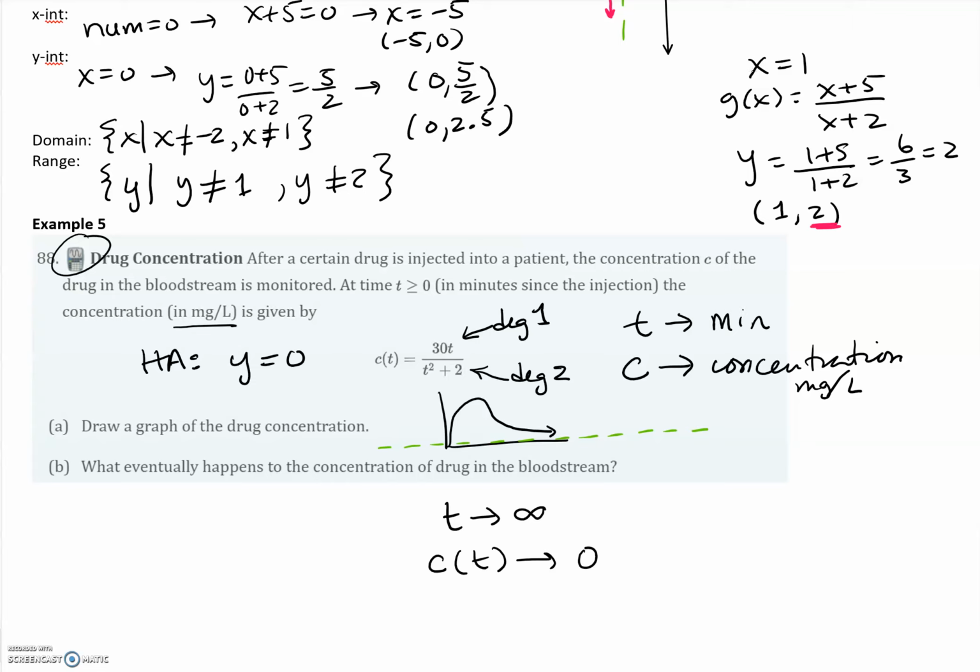So eventually, as time goes by, the concentration in the body goes to 0, and since it never touches the horizontal asymptote, it's saying technically you're always going to have small traces of it in your body.